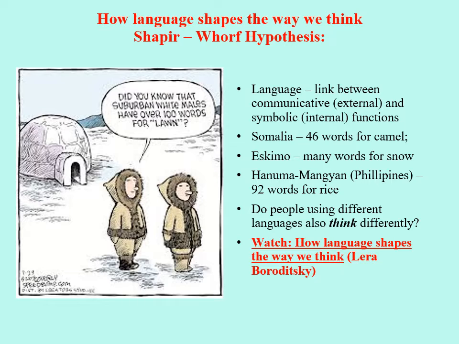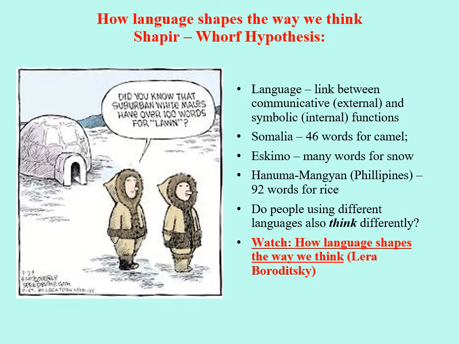To the extent that different cultures have different linguistic repertoires, use different words, they think about reality in very different ways. For example, in Somalia, there are 46 different words for camel. The Somalians can think about camels in a much more sophisticated way than we can, who only have one word.